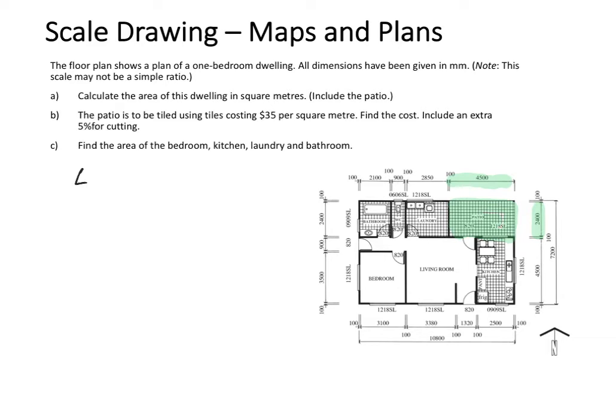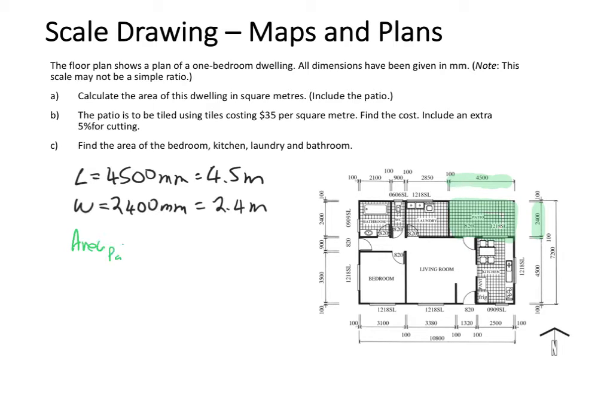So the length, which is equal to 4,500 millimeters, if I divide by 10 and divide by 100, gets me to 4.5 meters. My width, which was 2,400 millimeters, if I divide by 10 and divide by 100, gets me to 2.4 meters. Now I can calculate the area of the patio, and that is going to be length times width. So 4.5 times 2.4, which equals 10.8 meters squared.